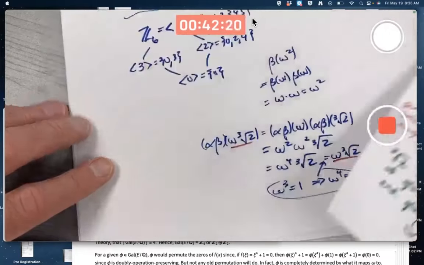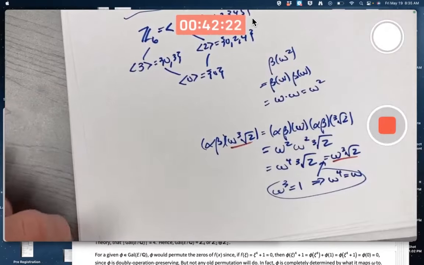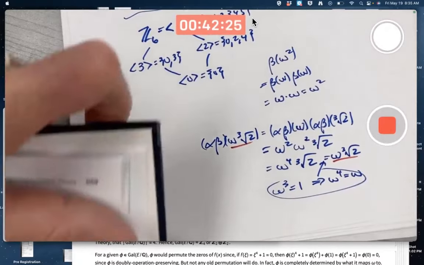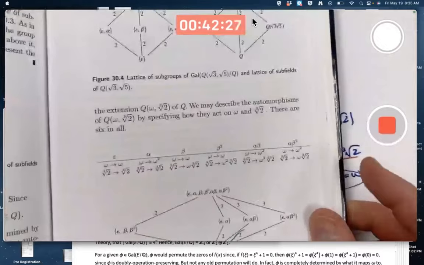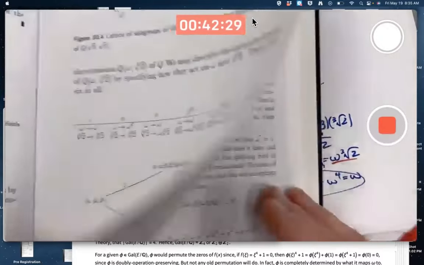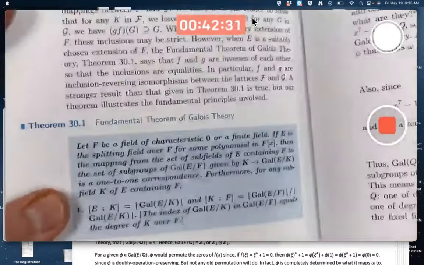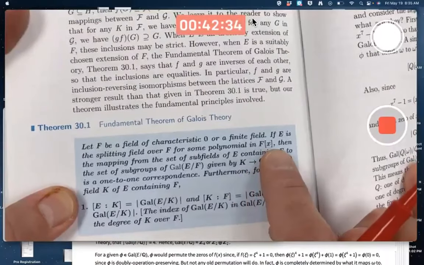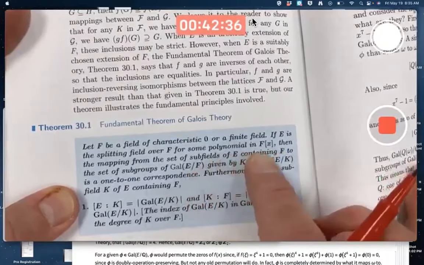And that'll be the minimal field extension in which f of x splits. So it will be a splitting field. And so therefore the fundamental theorem of Galois theory does apply. E has got to be the splitting field over Q for some polynomial in there.